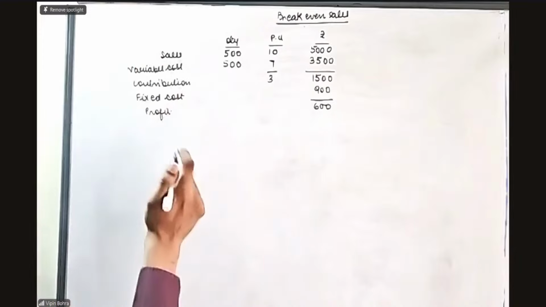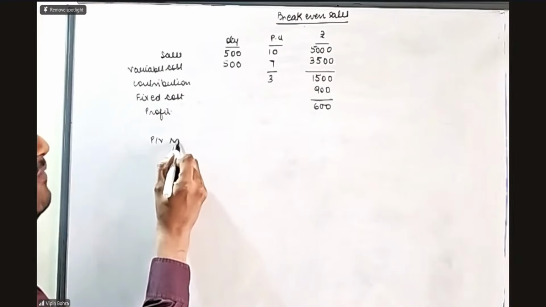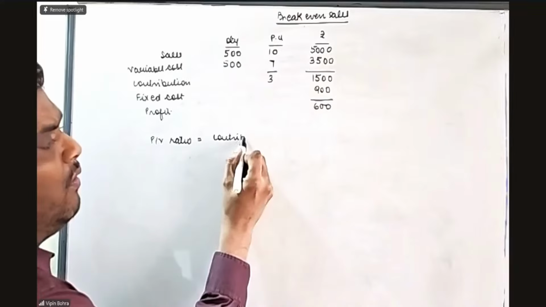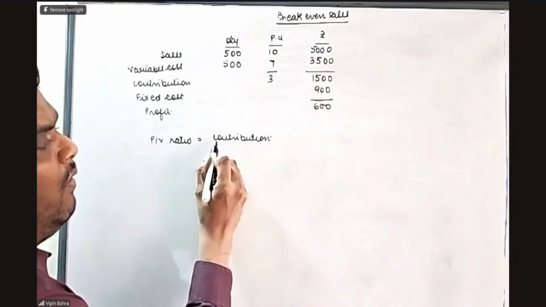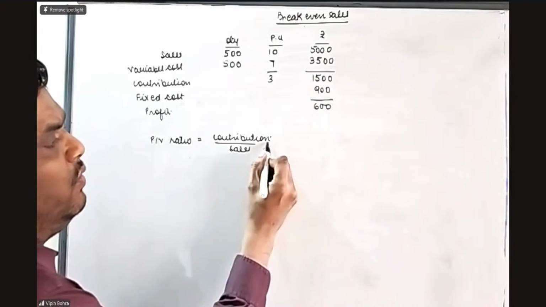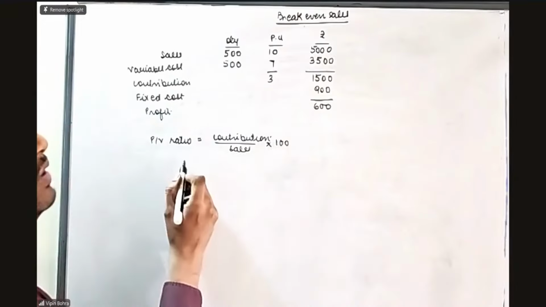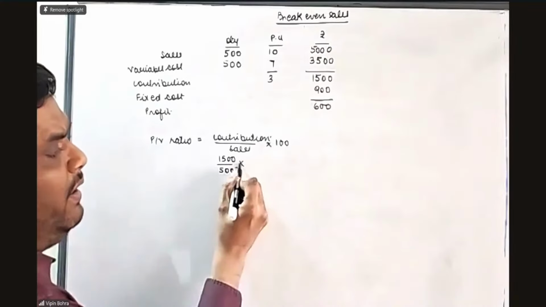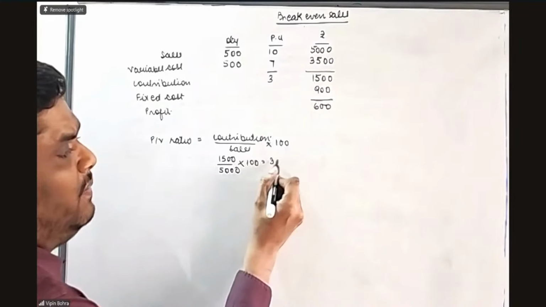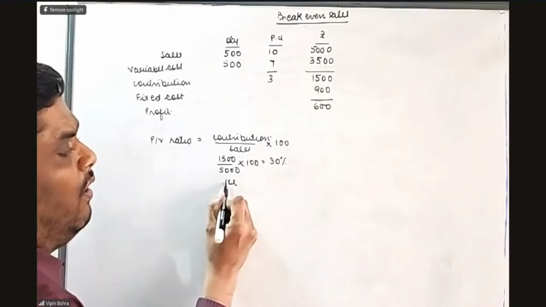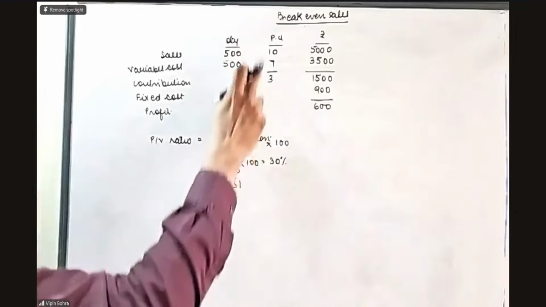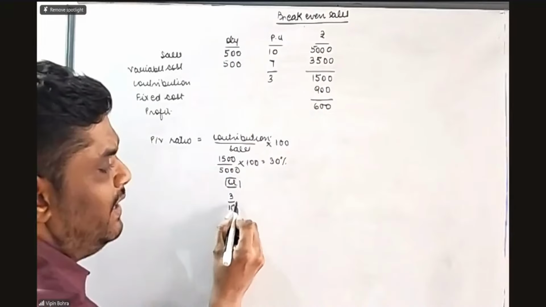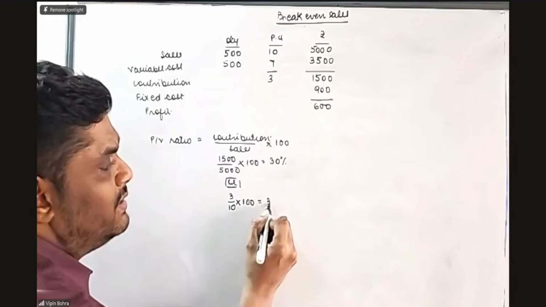Now the relationship between contribution and sales, we call it PV ratio. That is contribution divided by sales into 100. So it is 1500 divided by 5000 into 100. So that is 30%. Alternatively, we can say 3 divided by 10. This relationship is very important. So 3 divided by 10 into 100, that is 30%.